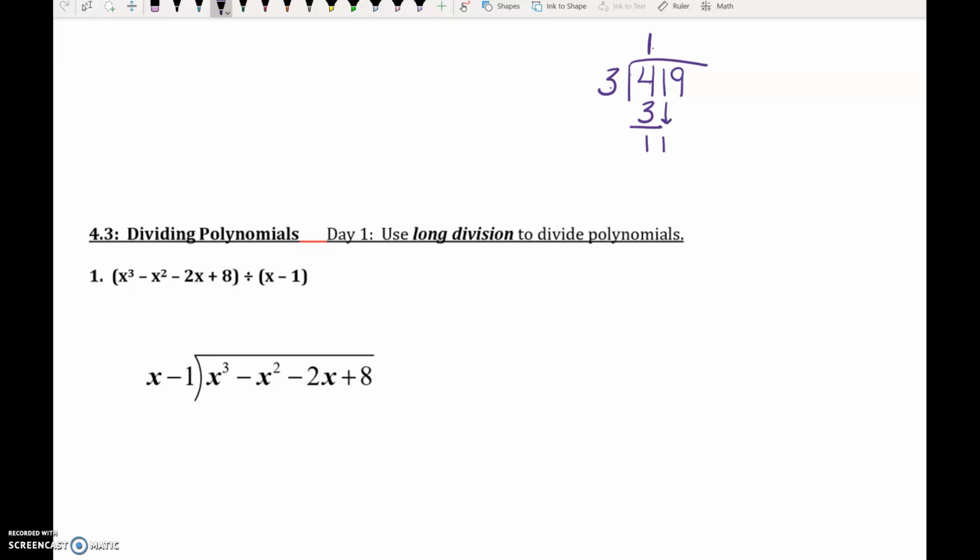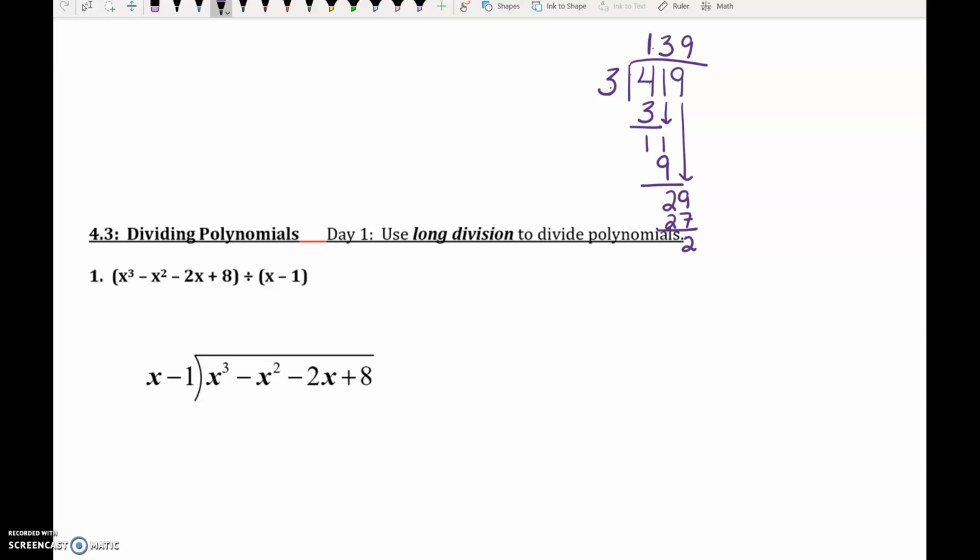How many times does 3 go into 11? It goes in 3 times. 3 times 3 is 9. You subtract, and you bring the next number down. 3 goes into 29 how many times? Well, 3 times 9 is 27, and that leaves 2 left over.